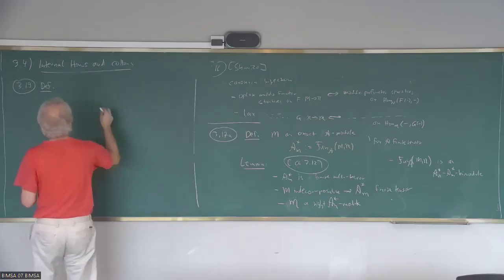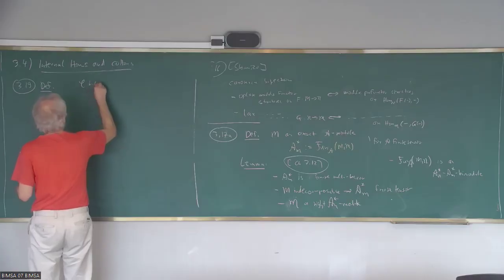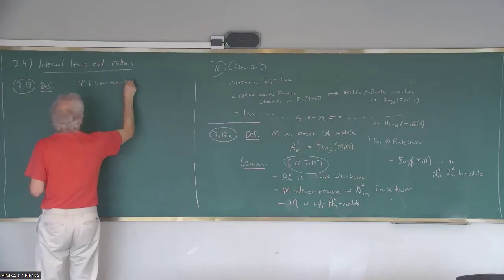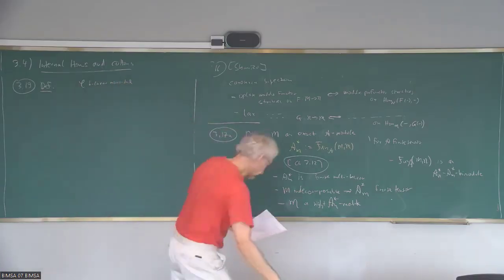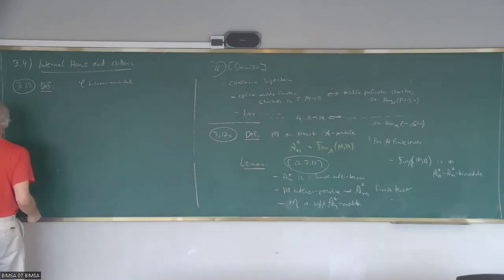We take C to be a k-linear monoidal category. And then very often we are interested in finite tensor categories actually.